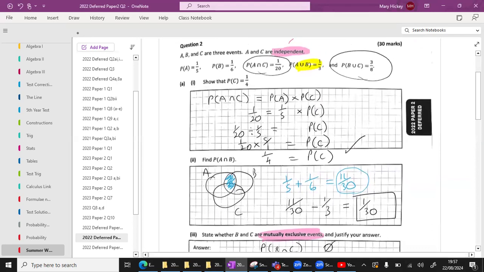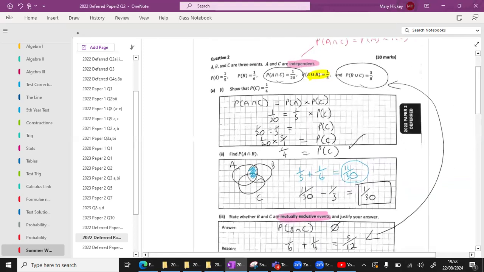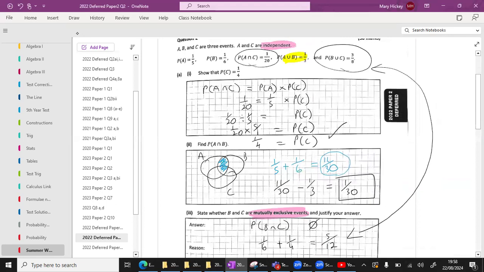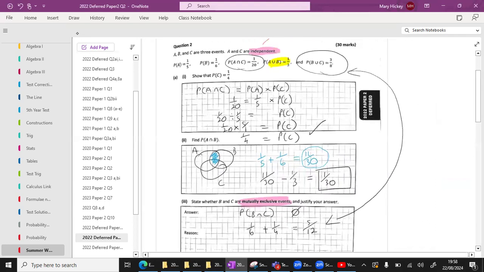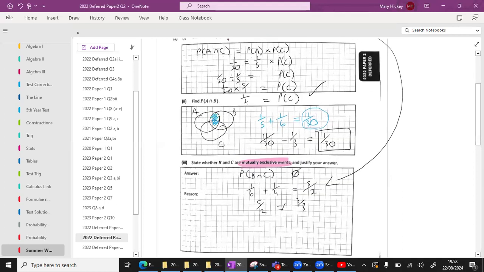There should be no difference between the 3/8 and the answer I got here if they're mutually exclusive, because if there's no intersection, I can just add the probability of B and the probability of C. But they're not the same. So I might just write a sentence here that 5/12 does not equal 3/8. Therefore, they're not mutually exclusive. So really we're saying they can happen at the same time, whatever these particular events are.